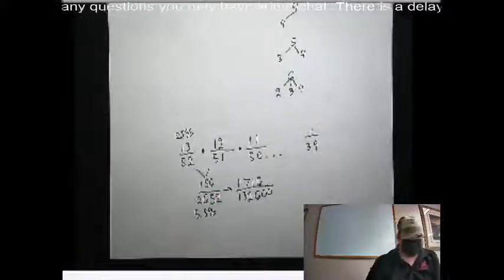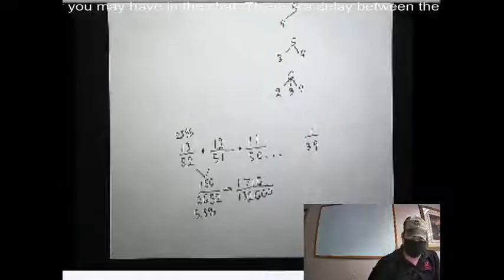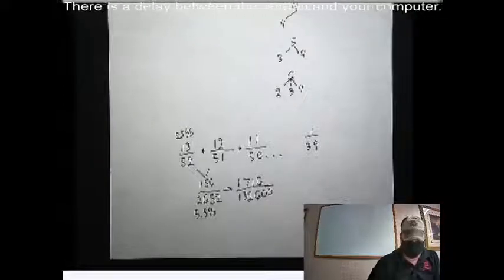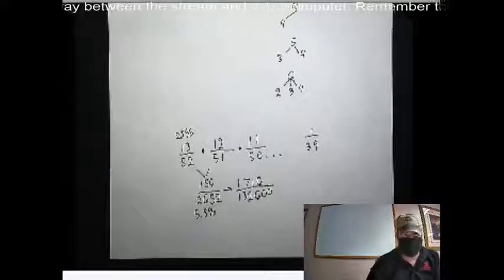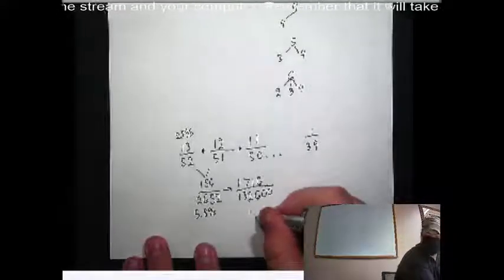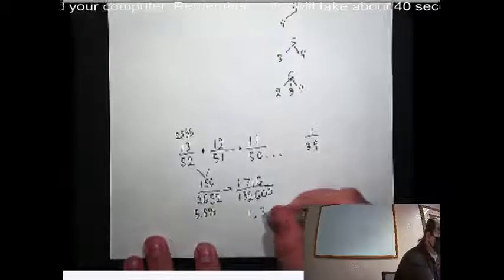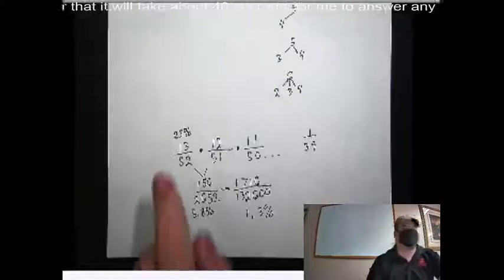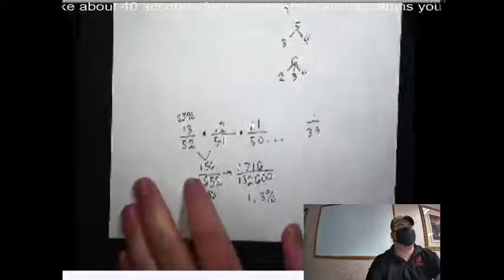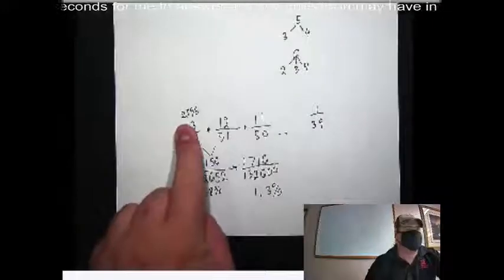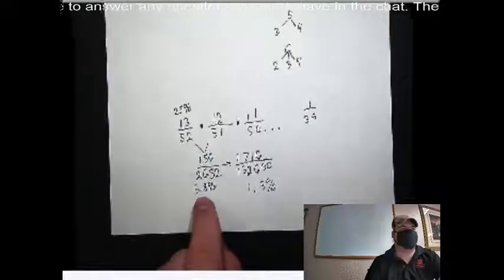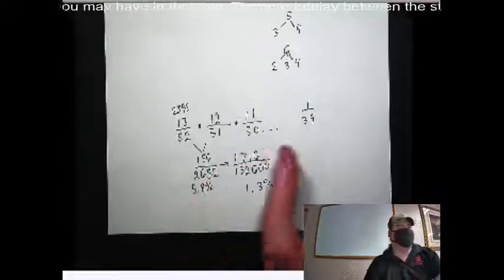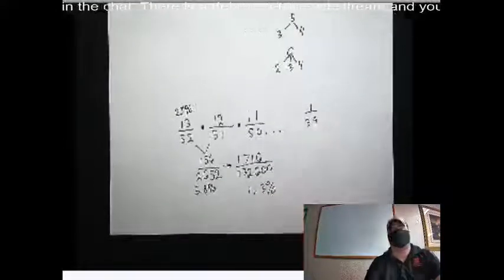And then this next one, out of 132,600 is a 1.3% chance. So as we keep on trying to pull more and more of these clubs out of this deck, our chances go from 25% to about 6% to 1%, and it's going to keep getting lower and lower and lower as we approach our last card.